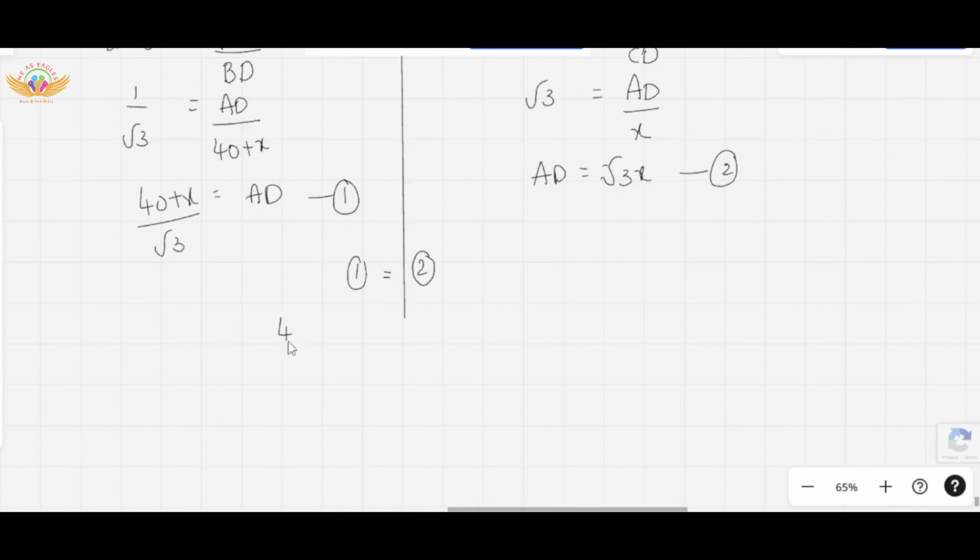That is (40 plus X) by root 3 is equal to root 3 X. 40 plus X is equal to root 3 into root 3, that is 3X. Bring the X term here, that implies 2X is equal to 40 and X is equal to 20. So we got our X value. Now what is X actually? Let us see what X actually is.